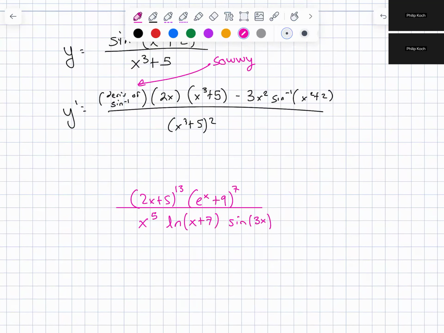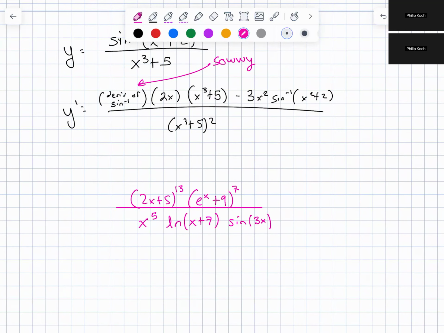Trying to do this by hand would be a tedious mess, because it would require a quotient rule with a product rule in the numerator and two product rules in the denominator, all with chain rules and just awfulness. But if you use logarithmic differentiation, it'll break it up into nice, neat pieces. It's not wrong to do it the other way, but it's just easier to do with logs.